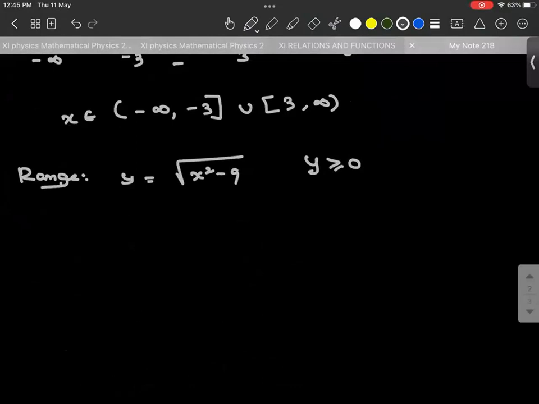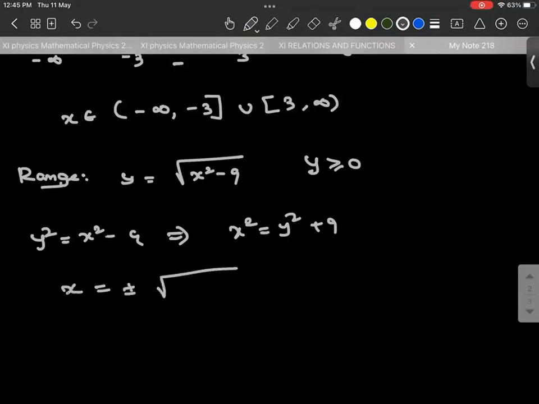Now the next thing I'll do is square both sides. Y square is equal to x square minus 9, which implies x square is equal to y square plus 9. Am I right? So I need to find the values of y for which x is defined.